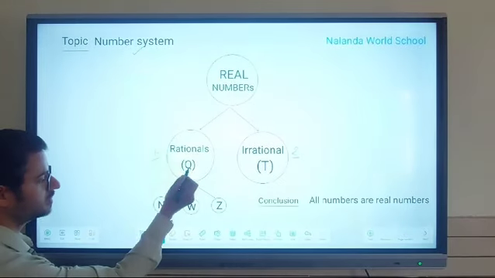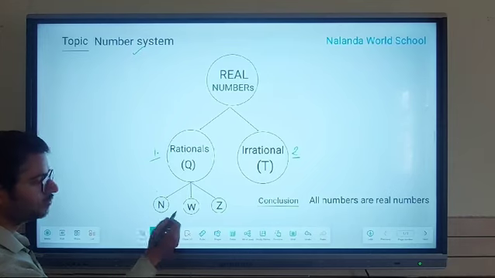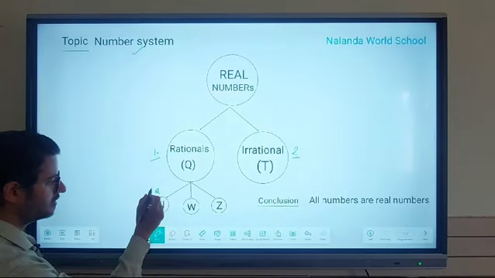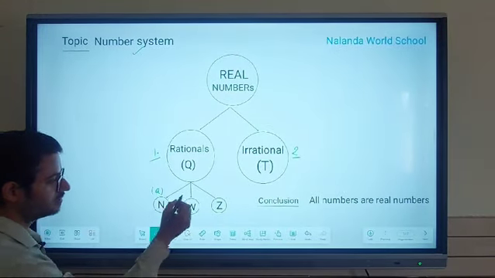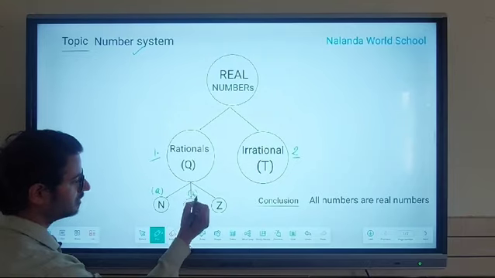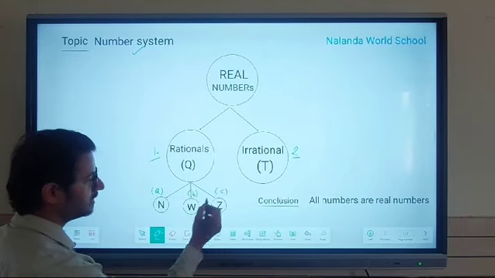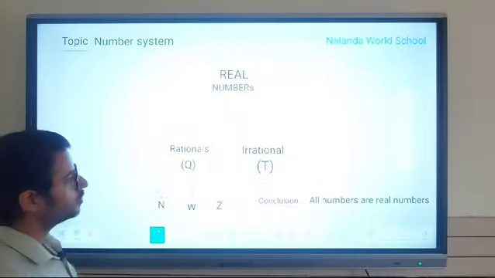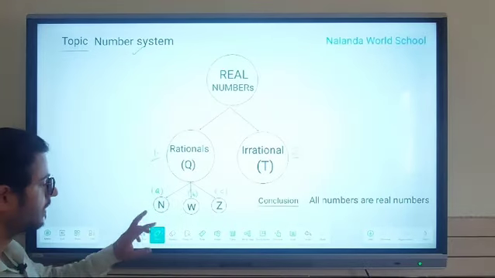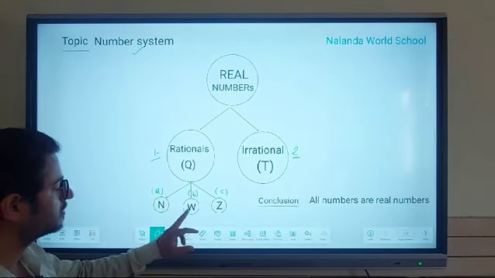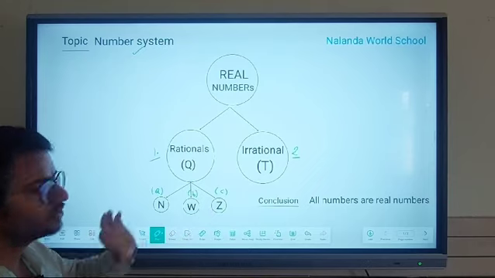Further, rational numbers can be classified into three categories: A. Natural numbers, B. Whole numbers, and C. Integers. So, what we observe here, we can convert natural numbers, whole numbers, and integers into rational numbers.